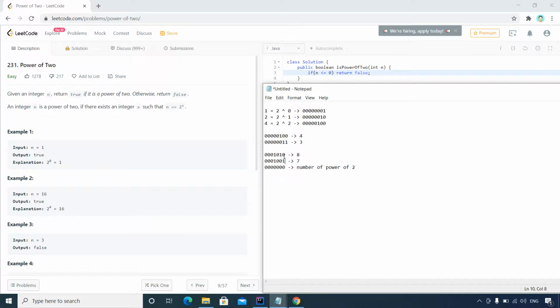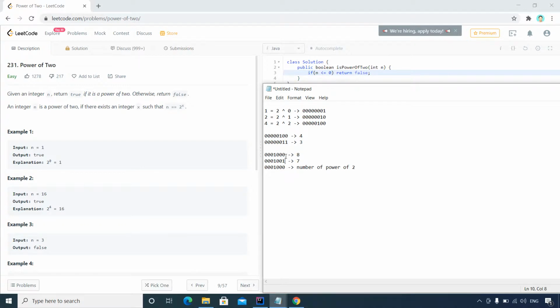And after the AND operation we will have this 1. It means that it must be 0, but there is 1. That's why this number is not a power of 2, as we see.